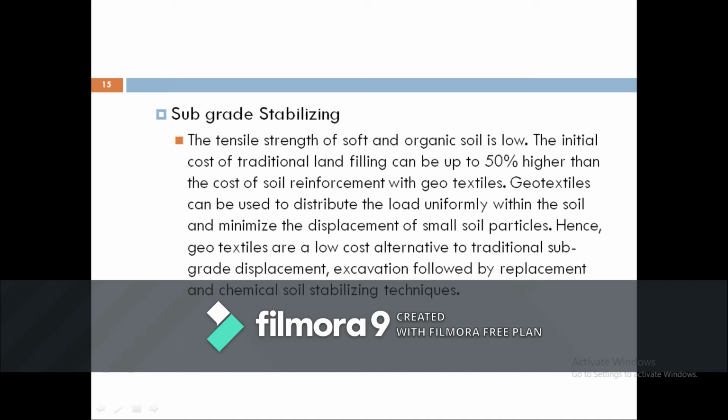When compared to all these methods, with respect to the cost and with respect to the effectiveness in the work, geotextiles are preferred. So for subgrade stabilizing, when compared to all the other methods, geotextile is the most economical method.